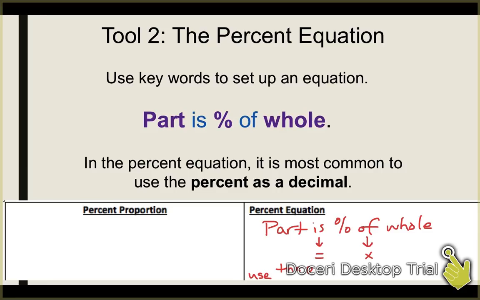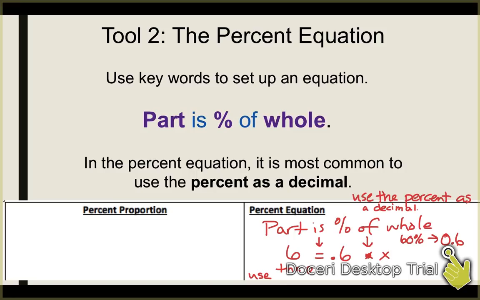You guys can't see that on the screen, so I'm going to write it up here. Use the percent as a decimal. So what does that mean? Well, if you have 60%, you would write it as 0.6. So say we're saying, hey, 6 is 60% of x. So times x.